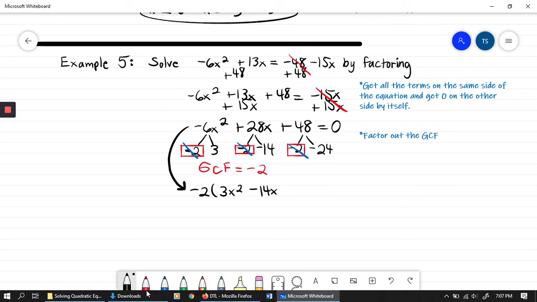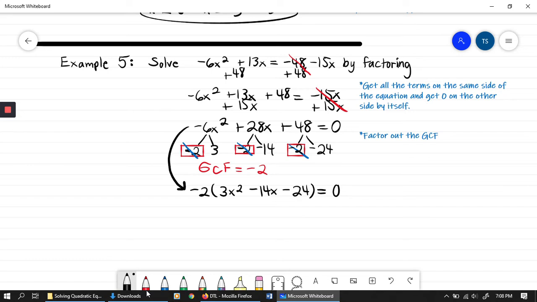And from the third term, what's left over when we factor out negative 2 is negative 24, or minus 24. And guys, remember that this is still an equation, and it is still equal to 0.